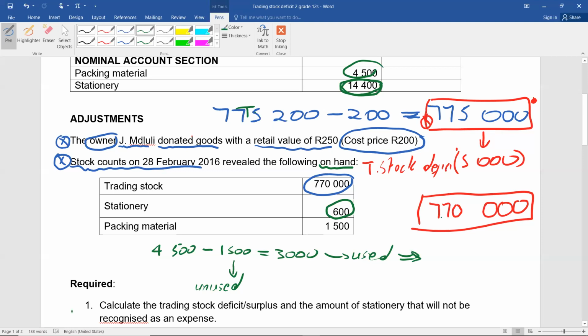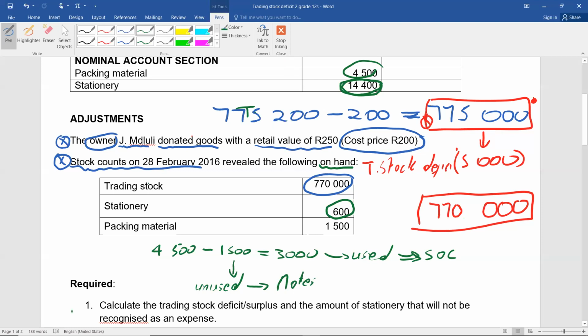The 3,000 goes to the income statement. So I'll just say statement of comprehensive income, and then the unused part will go to the notes as consumable stores on hand.